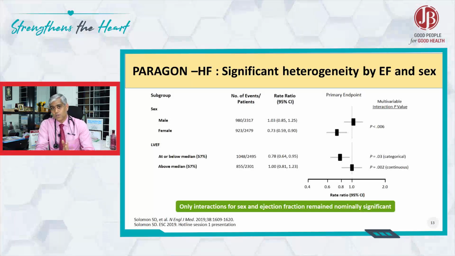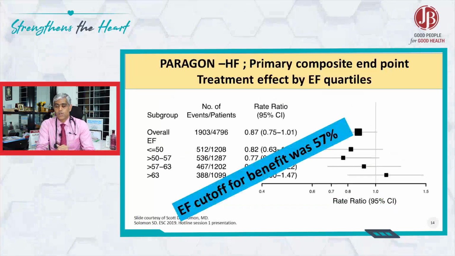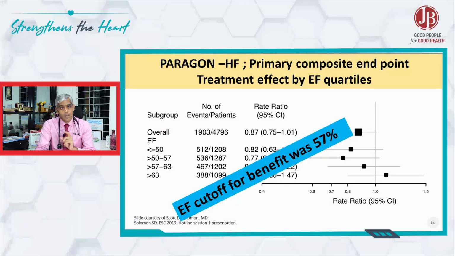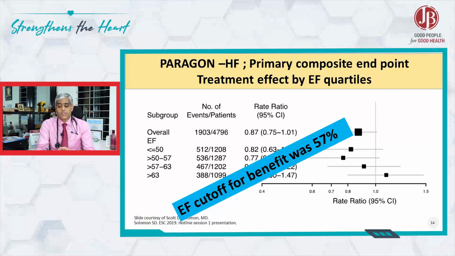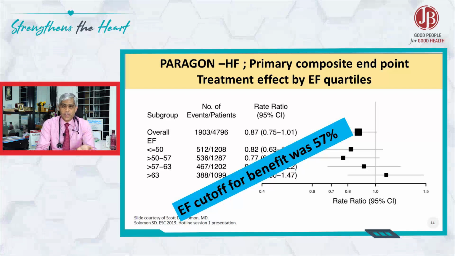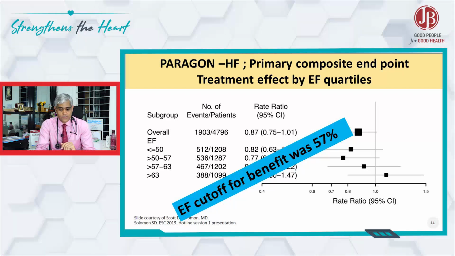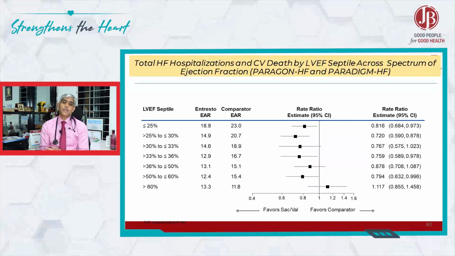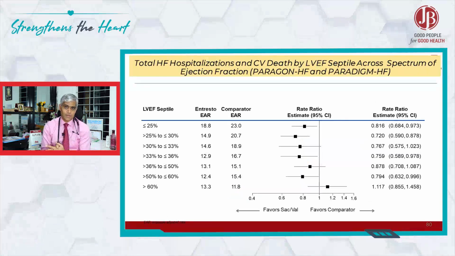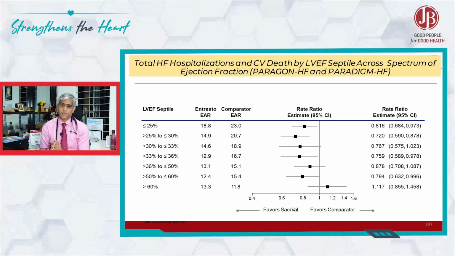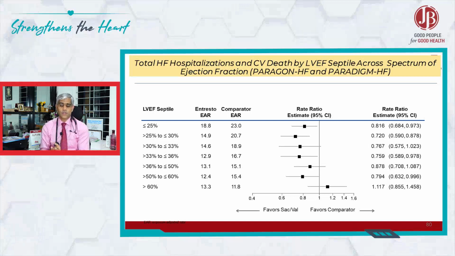Once it goes into the preserved range, beyond 36 to 50 and beyond 50, there is lesser benefit of sacubitril valsartan because they are HFpEF. Beyond 60%, there is no benefit of ARNI, meaning it won't change the mortality statistics because they are already a fitter population. Less than 25%, they are too sick to survive, so mortality is bound to be higher. Beyond 60%, they are already at a good EF, so there is lesser benefit.